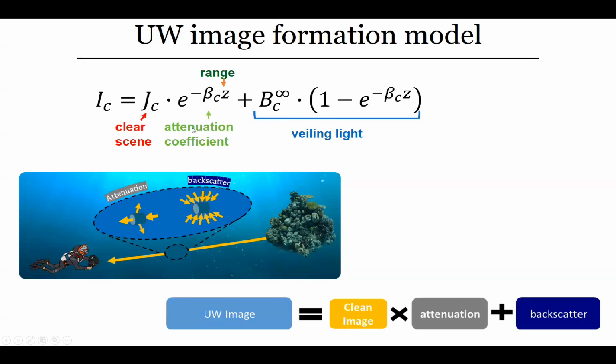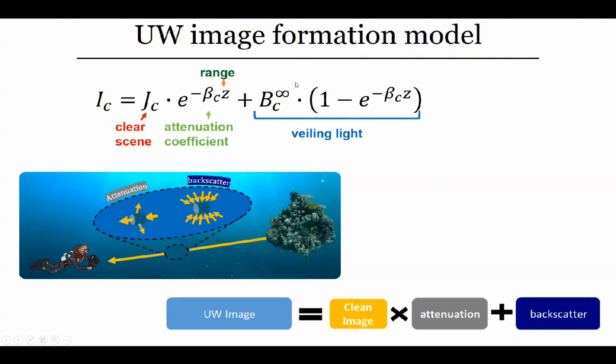Okay, and an important factor that we have here is this letter Z, which is actually the depth of the object, meaning the distance of the object from the camera. The further the object is, the more interference we have, of course.